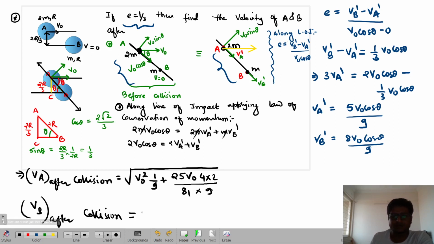So VB dash will be simple. 8 V naught cos theta, with cos theta being 2 root 2 by 3, so I'll write directly 16 root 2 V naught by 27. This is your answer for VB, and VA you can calculate. Is this clear? Okay, can I move ahead?